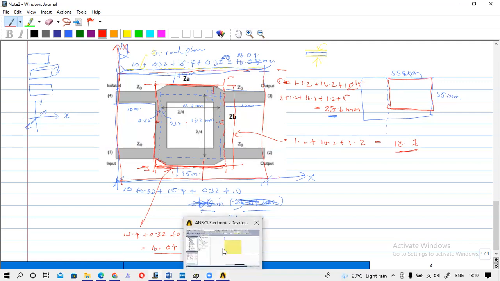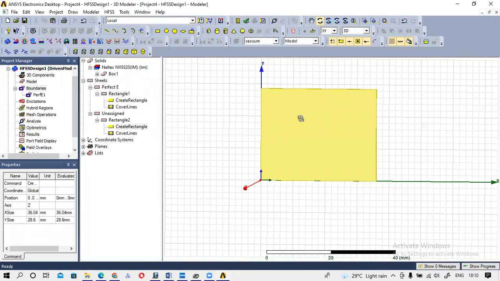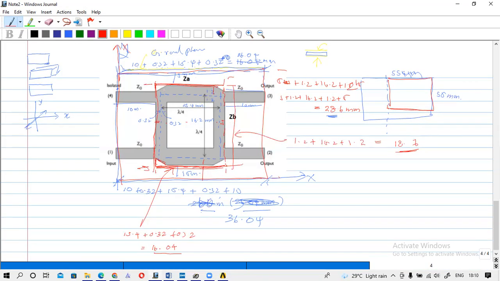You can see that this rectangle I have to remove this section. So I am not going to remove it. I just make this dimension according to that rectangle, the required rectangle.